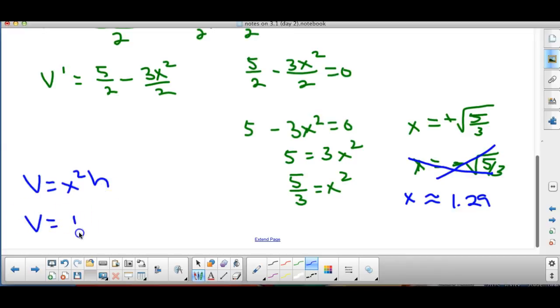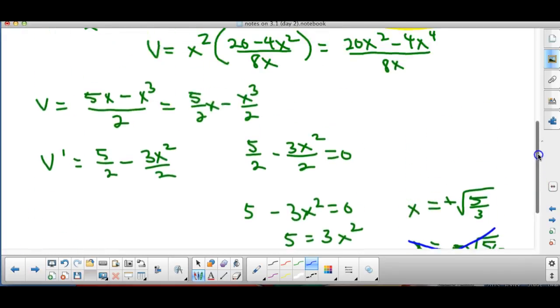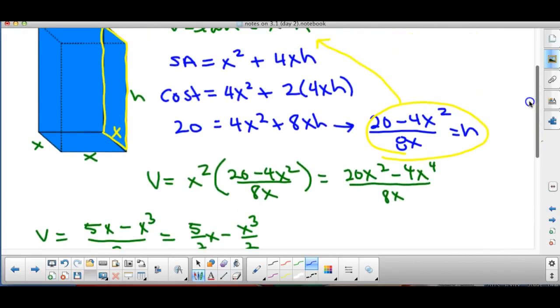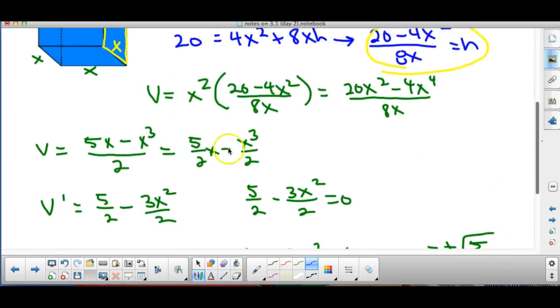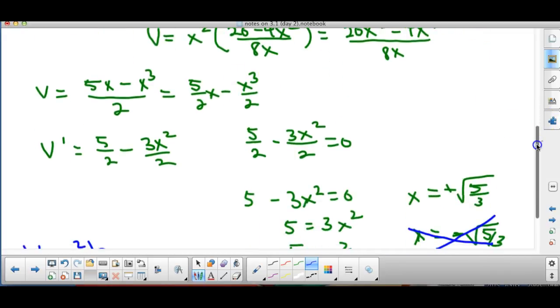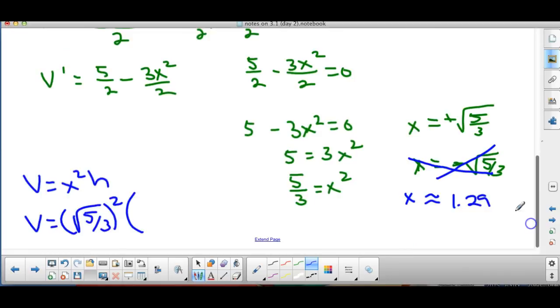So remember x was the square root of 5/3. You just square that, which will be pretty easy, but then I have to multiply it by h. And remember we had an expression for h way back up here of 20 minus 4x squared over 8x. Although we did simplify that to 5/2 x minus x cubed over 2. So let's do that. 5/2 x minus x cubed over 2.